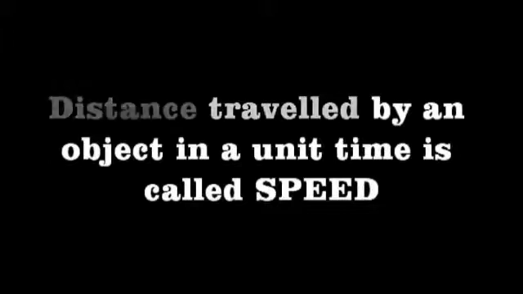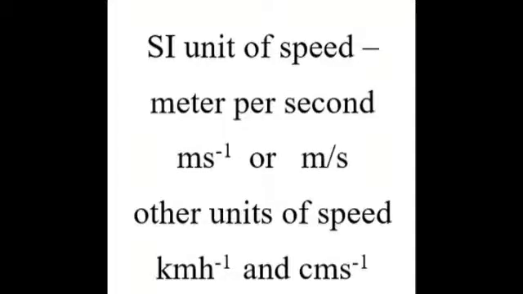Therefore, the distance traveled by an object in unit time is called speed. The SI unit of speed is meter per second. It can be written as m s to the power of minus 1, or m/s. Other units of speed are kilometer per hour and centimeter per second.